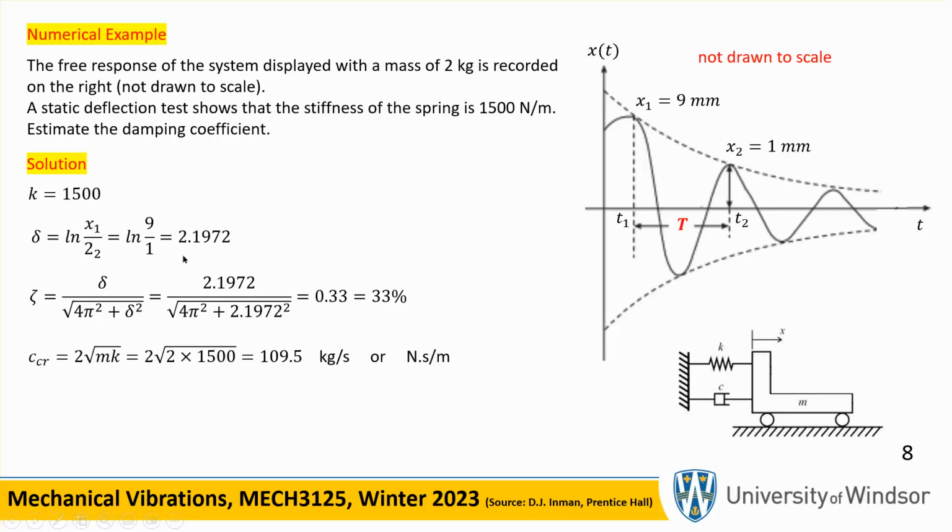So if you calculated omega n first, you can also use 2m omega n to get the critical value. The definition of damping ratio, c over c critical, simply tells you that c is equal to that. And there is your estimate of the damping coefficient c.